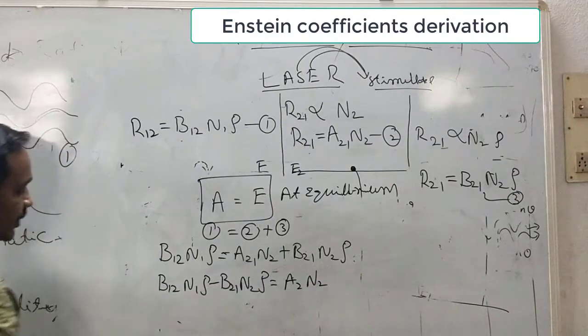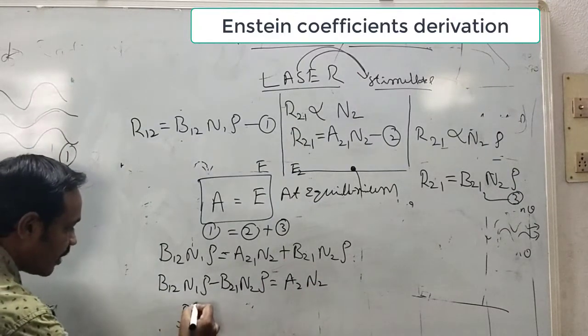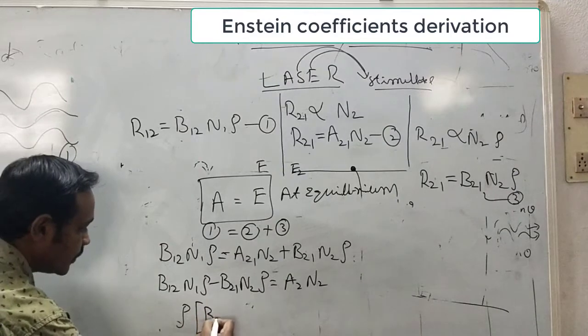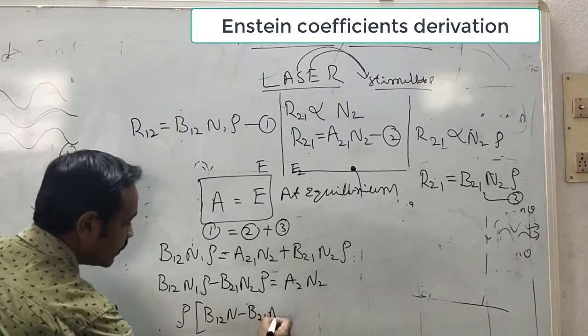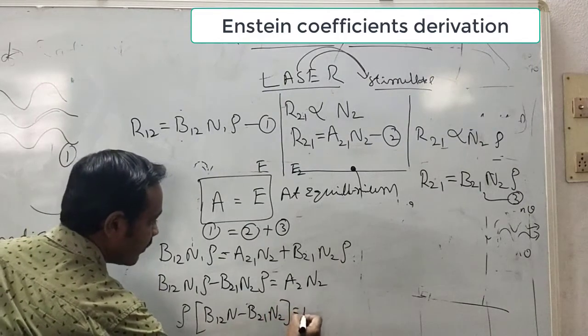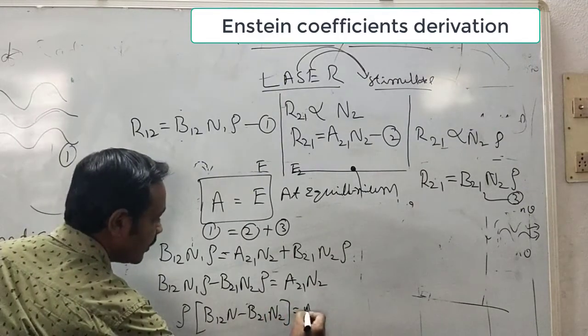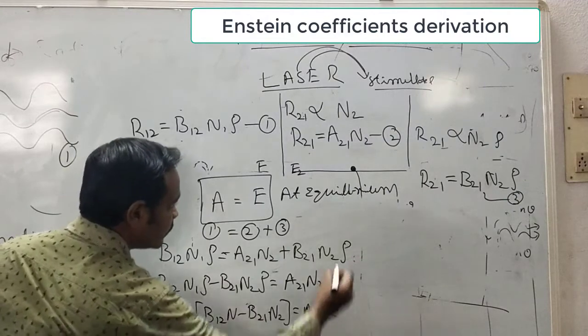Can I take rho as common here? Then B12 N1 minus B21 N2, and here we have A21 into N2.